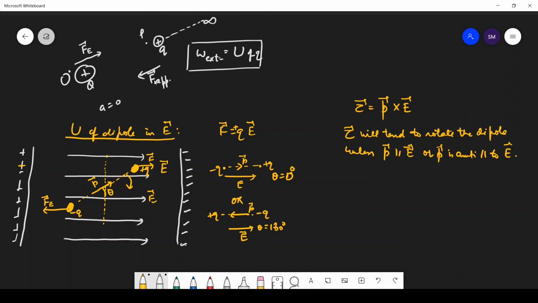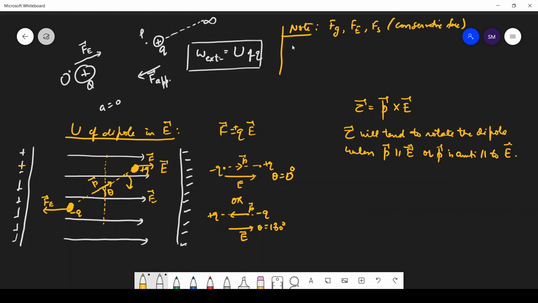Now, here also, the job of always, whether it is gravitational force, electrostatic force, spring force, they are all conservative forces.